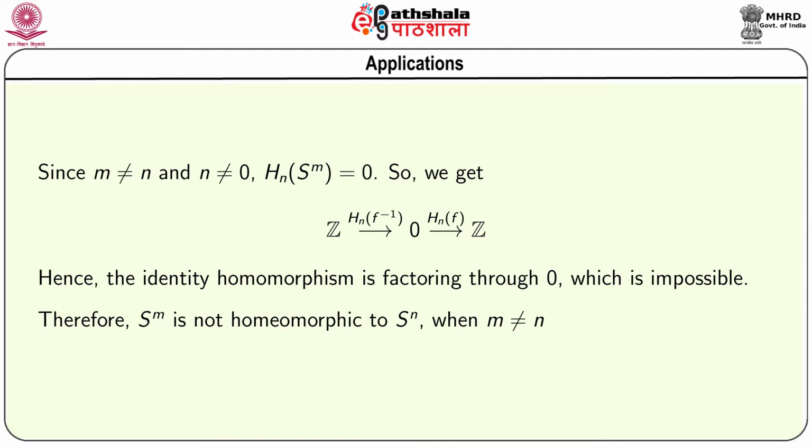Since m is not equal to n and n is not equal to 0, Hn(Sm) is equal to 0, and so we get the chain: Z to 0, we have the function Hn(f inverse), and 0 to Z we have the function Hn(f).